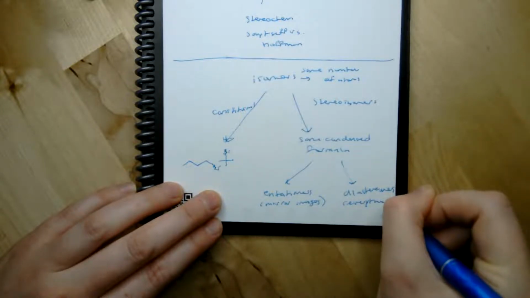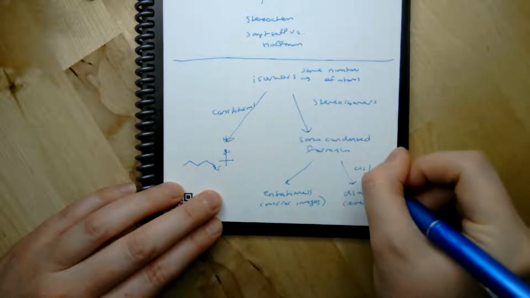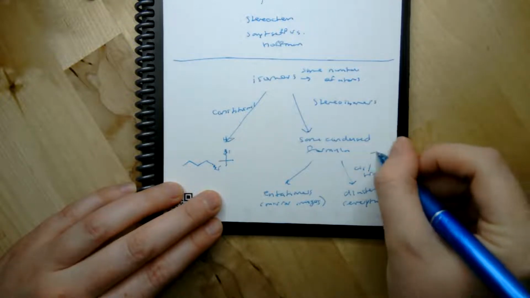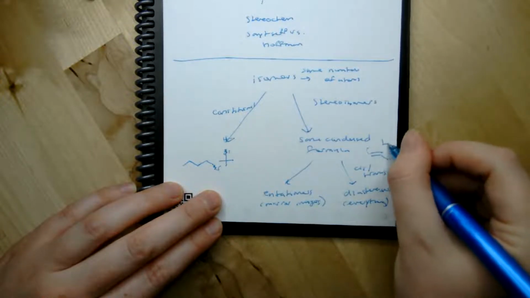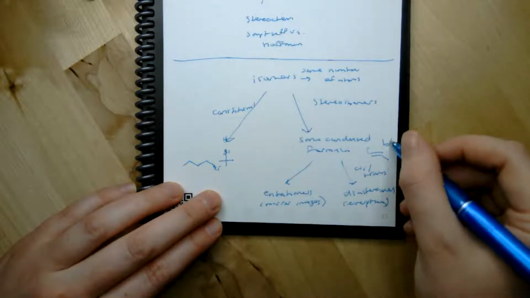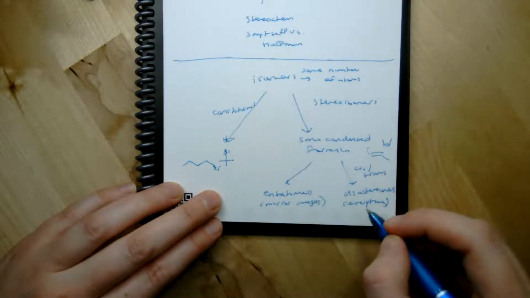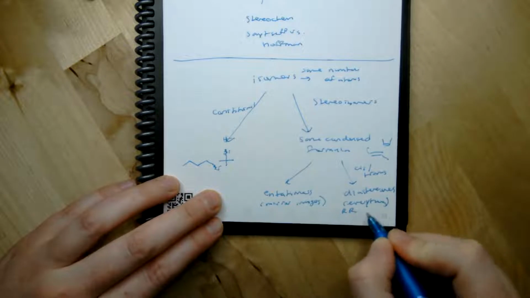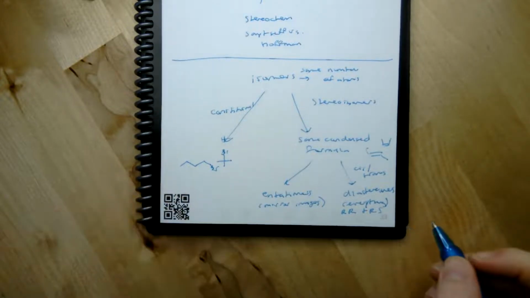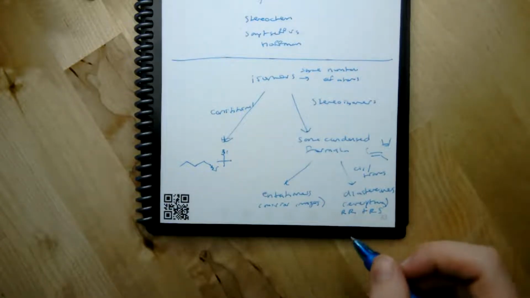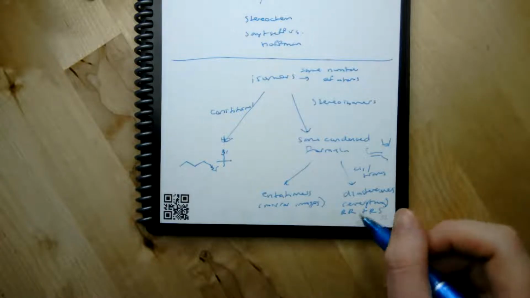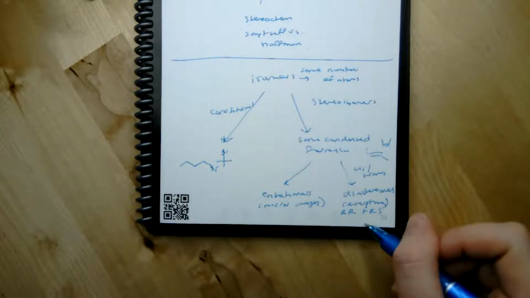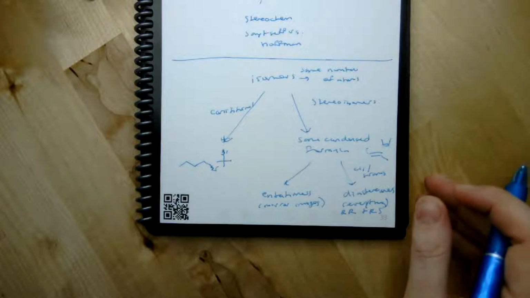So diastereomers consists of cis-trans. If you have like this versus this, these are the same condensed formula, but they're arranged differently in space. And also if you have RR and RS, if there's multiple chiral centers, they're not mirror images. Everything that's attached to them is the same. And so they must be diastereomers.